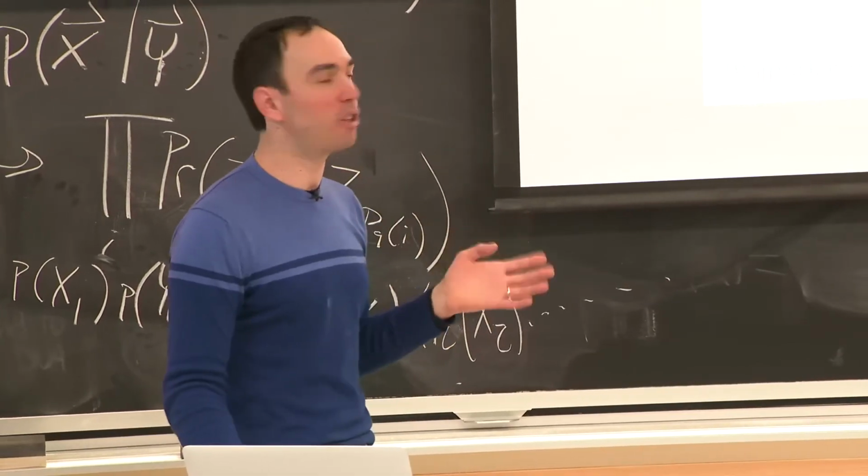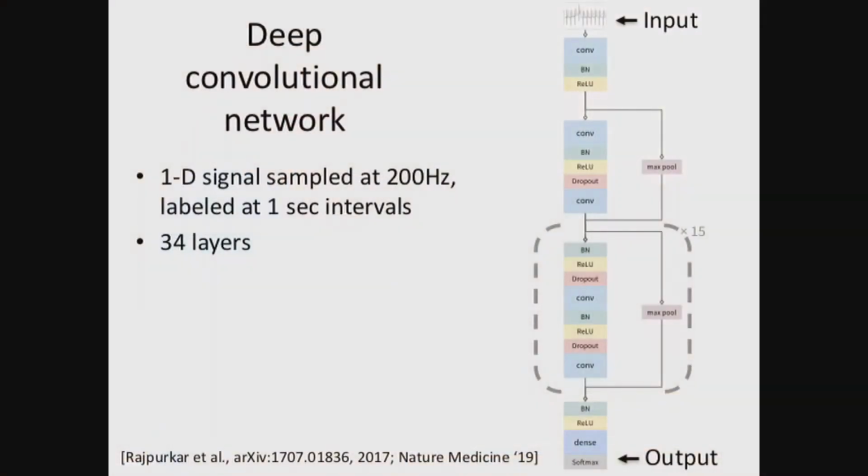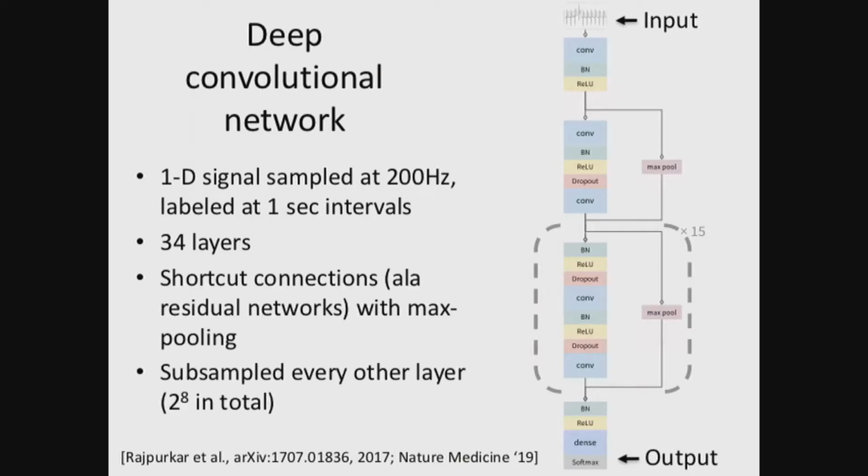So what is their convolutional network? Well, first of all, it's a 1D signal, so it's a little bit different from the convnets you typically see in computer vision, and I'll show you an illustration of that in the next slide. It's a very deep model, so 34 layers. So the input comes in on the very top in this picture. It's passed through a number of layers.